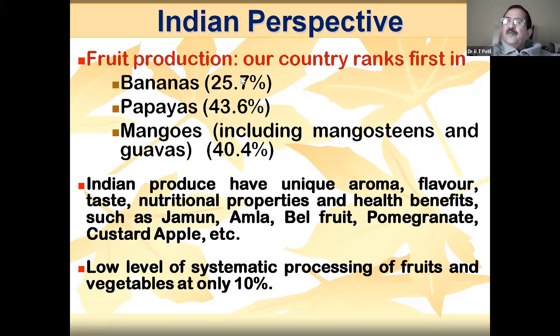Another thing is that fruits and vegetables come in 3 grades: grade 1, grade 2, and grade 3. Grade 1 is for table purposes. It gets a good price, and the farmer sells it and is happy with that. But the remaining portion of grade 2 and grade 3 doesn't get any price, and it cannot be consumed that much by the local people, and that is where the loss takes place.